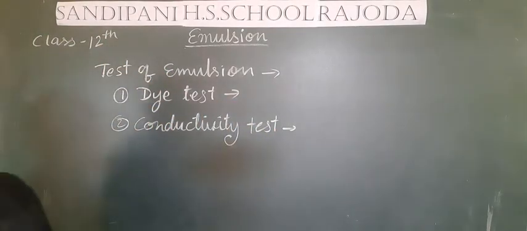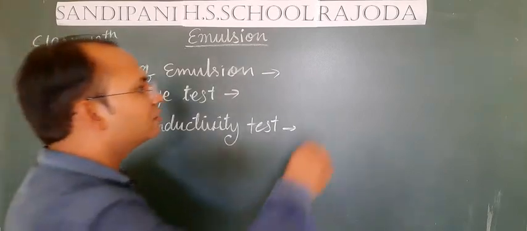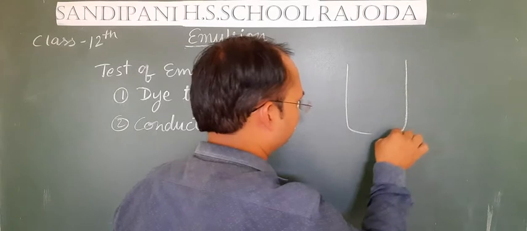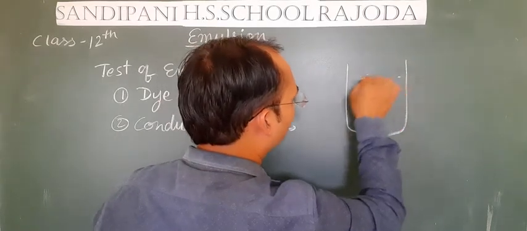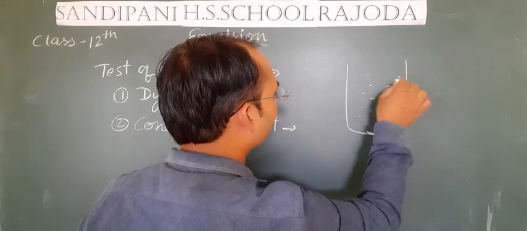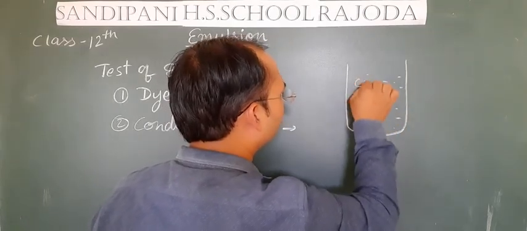In dye test, students, we add some color in emulsion. As we know, in two types of the emulsion, oil and water droplets are present.